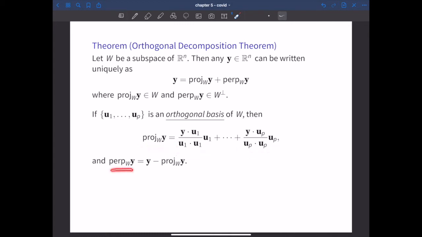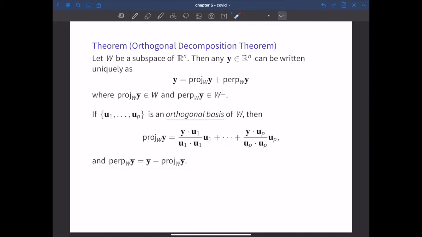To find the perpendicular piece, you take the original vector y and subtract off the projection piece. So we can split a vector y into a piece that lives inside of W and a piece that lives inside of W perp, using this formula for the projection piece and this formula for the orthogonal piece.